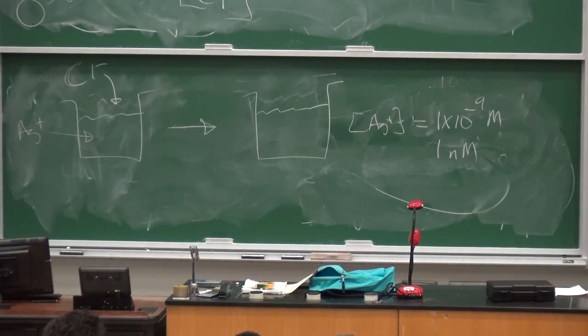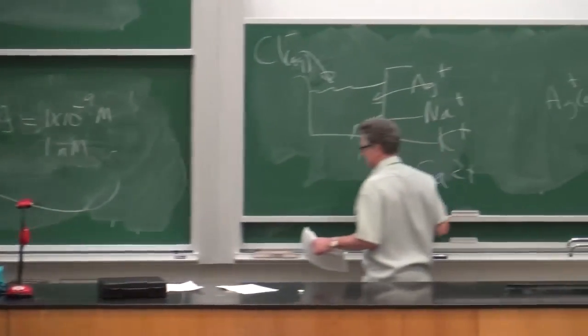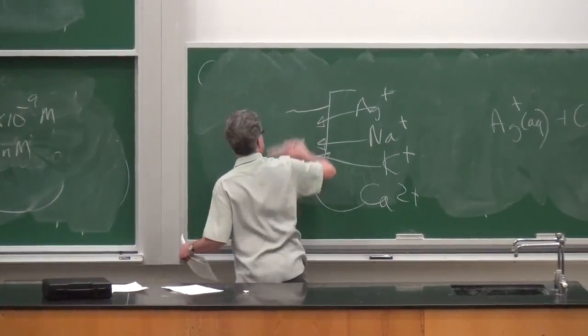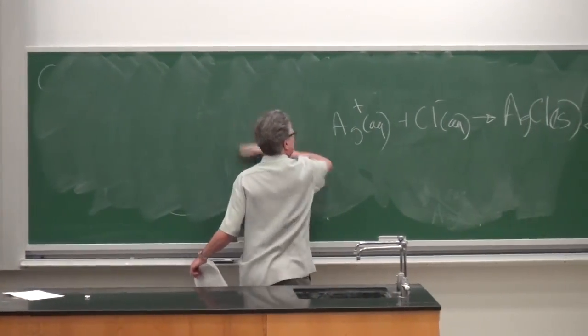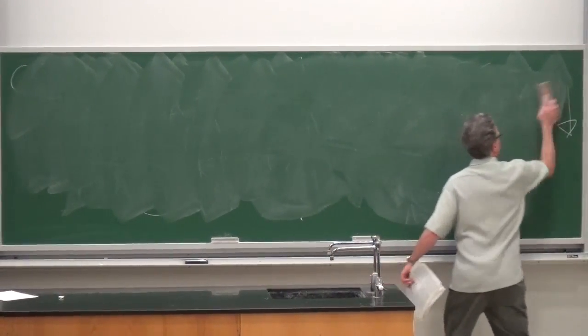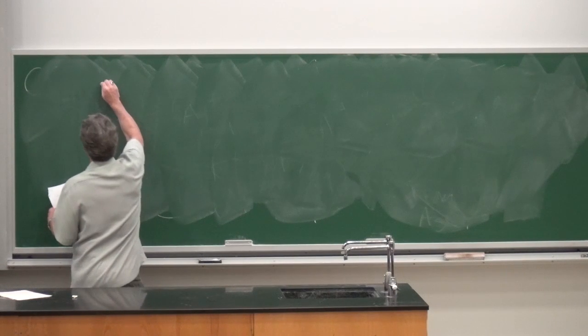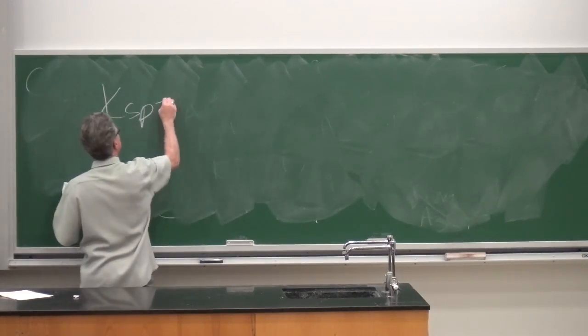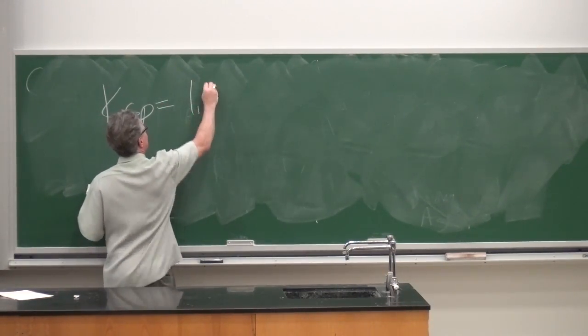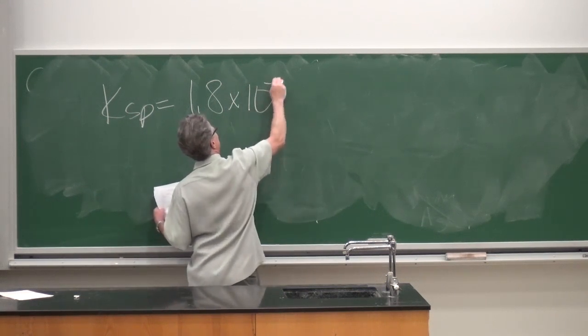So then we can solve our problem again. We can say, I want to get that silver down to 10 to the minus 9 molar, so I write Ksp is what? 1.8 times 10 to the minus 10, right?